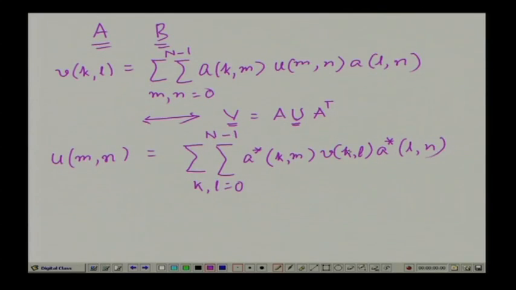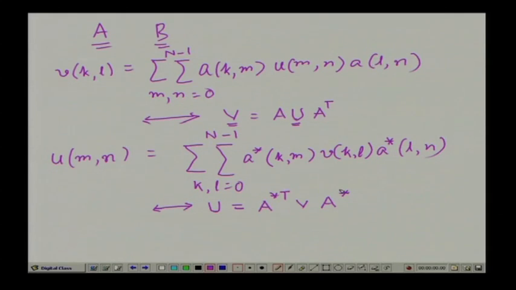So, this is the expression for the inverse transformation, and again as before, this inverse transformation can be represented in the form of a matrix equation, which will look like this: U equal to A conjugate transpose V into A conjugate, and these are called two dimensional separable transformations.